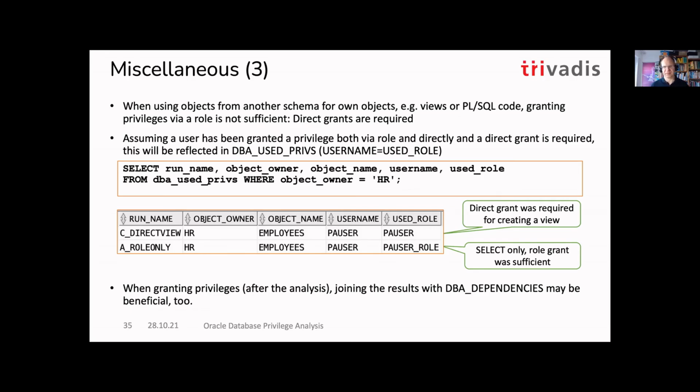And in one case, the role PA user, which is a username, was used. So it's a direct grant for a view for PL/SQL objects. And if you do a simple select, the PA user role is okay. That's the second line here. So keep that in mind that you have to keep the direct grants for views and PL/SQL objects.